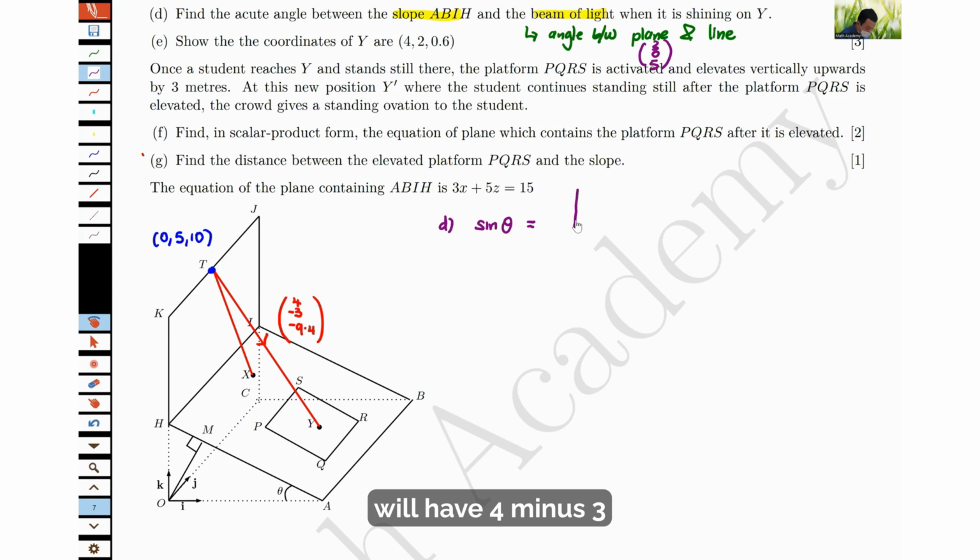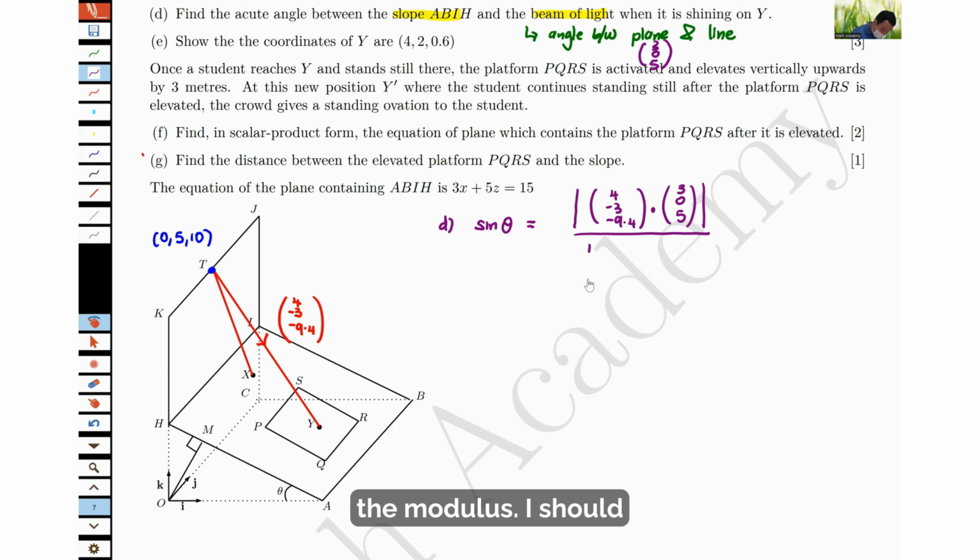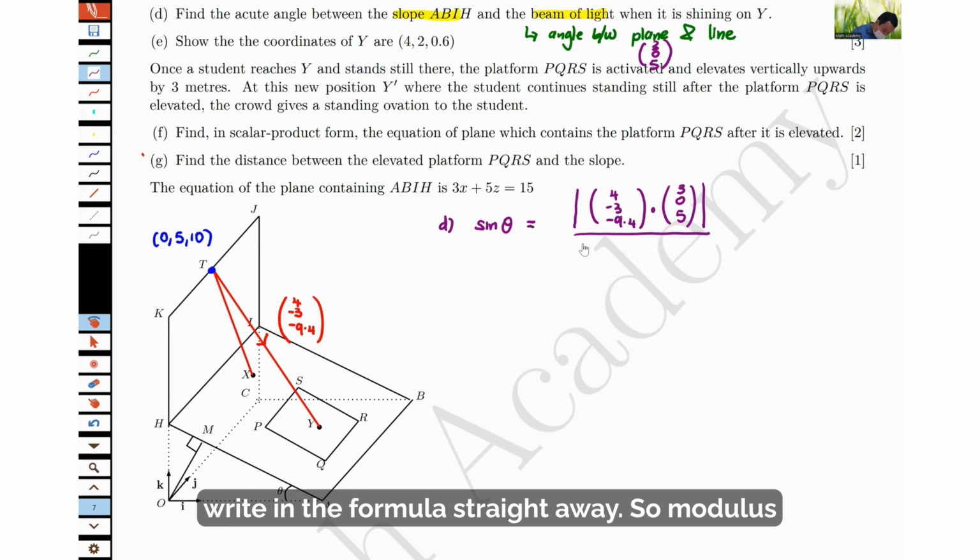So on top, we will have 4, -3, -9.4 dot with 3, 0, 5, over the modulus. I should write in the formula straight away.